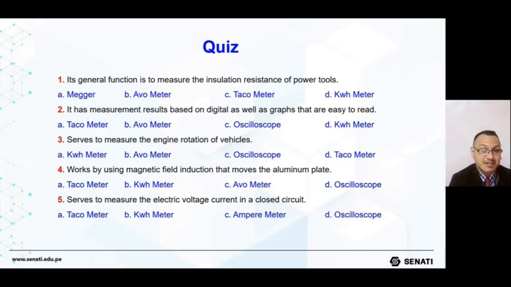That's nice. The answer is letter D. Tachometer serves to measure the engine rotation of vehicles.